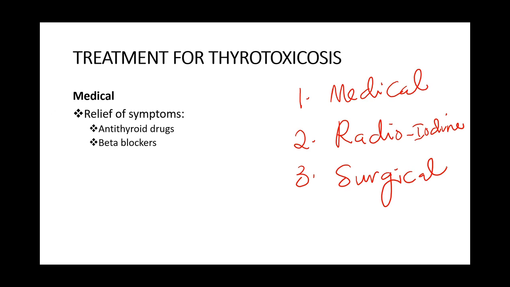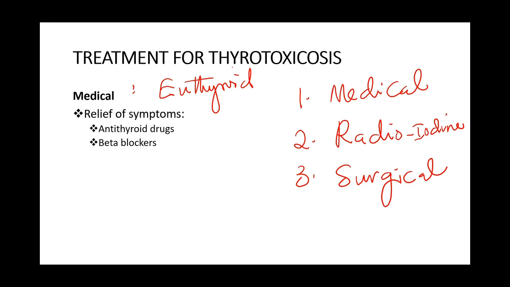Now, let's start with the medical treatment. The aim of the medical treatment is to render a patient euthyroid so that the patient is relieved of the symptoms of thyrotoxicosis.